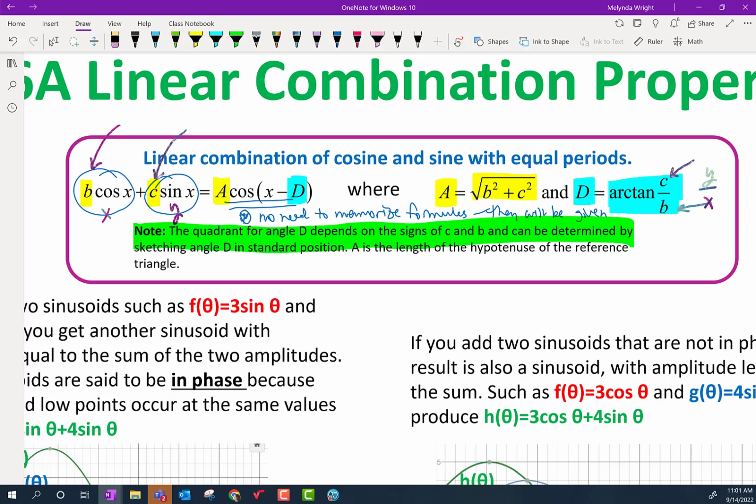We're going to look at that in specifics. That is a big asterisk. That is the place where students typically make a mistake: placing the angle measure in the proper quadrant. I have a couple of examples where we'll dig into that.